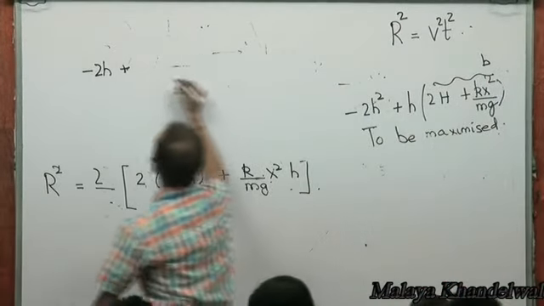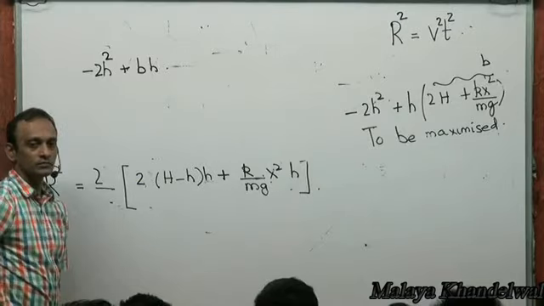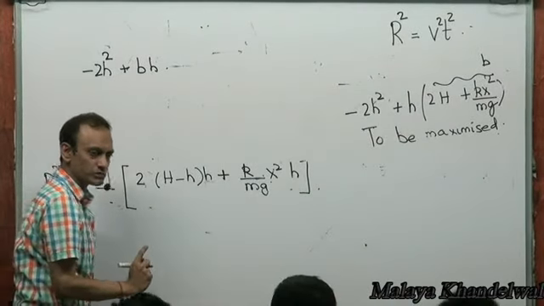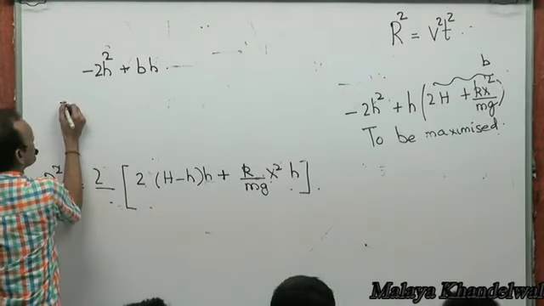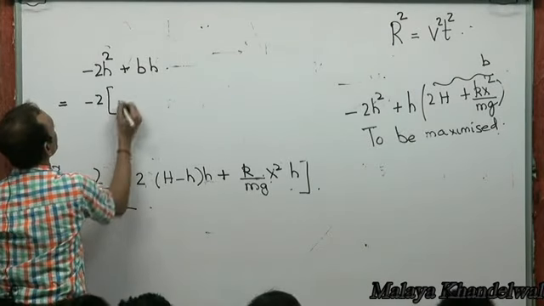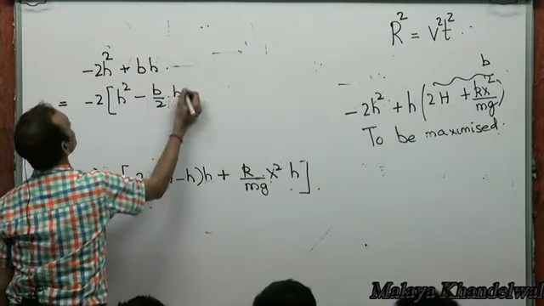B is that constant. I want to maximize this expression. Yes or no? Clear? This expression is like minus 2 into h squared minus b by 2 into h.